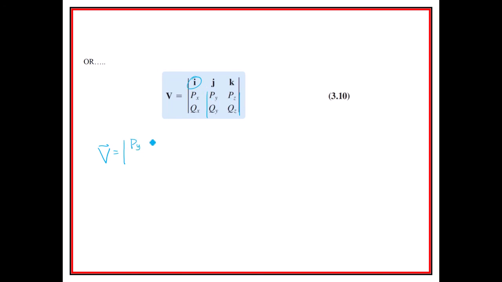So Py, Pz, Qy, Qz, I. And then we need to memorize the fact that we want to go minus for the second one. So we take J, and then we take these two guys in that one. So we go the determinant of Px, Pz, Qx, and Qz. Whoops. And that's going to be times J.